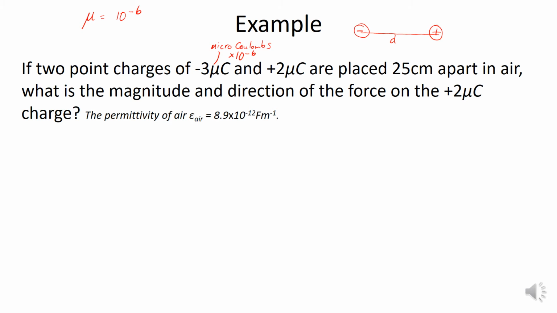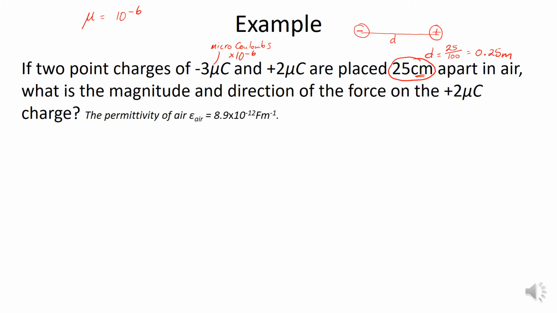And they're placed 25 centimeters apart in air. Well, clearly that's the distance, but centimeters is not the standard unit for distance. What is it? It's meters. So to change centimeters, centi means 100, so it'll be 25 over 100, which is 0.25 meters. So we'll use that for distance.